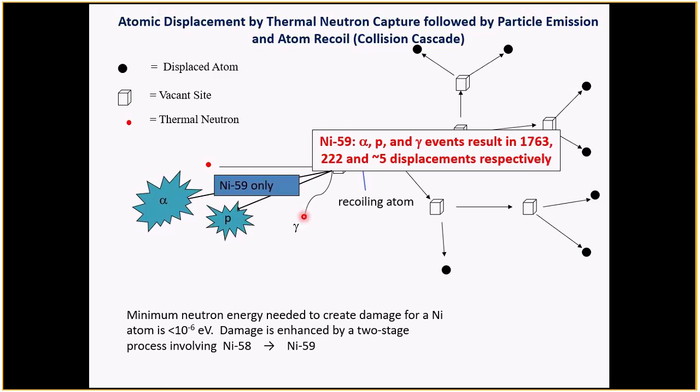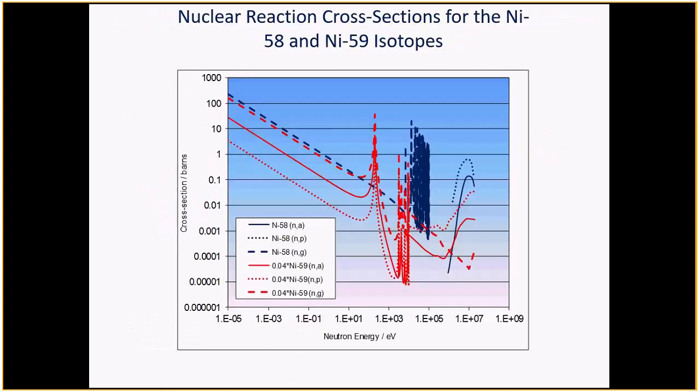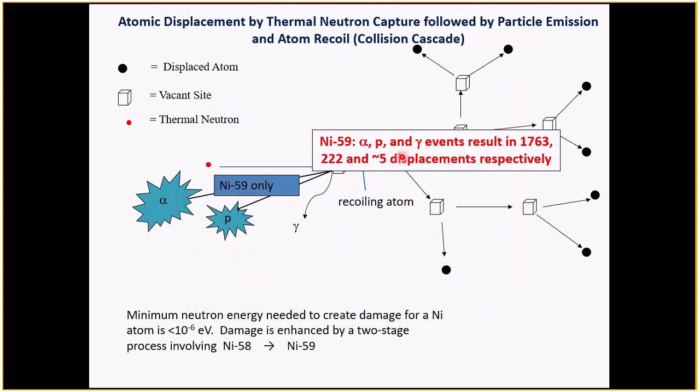So there you have it: a very much enhanced production of displacements when you have nickel 59.